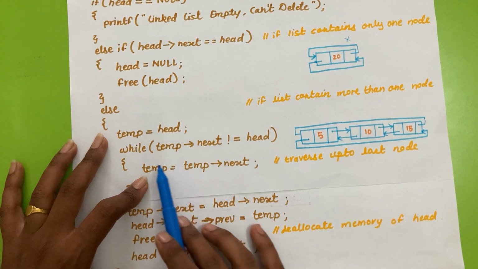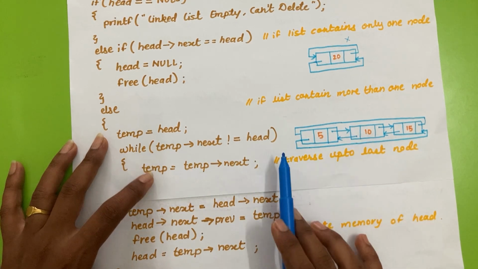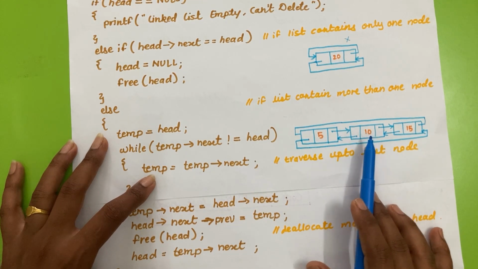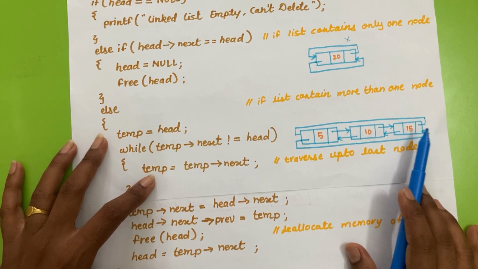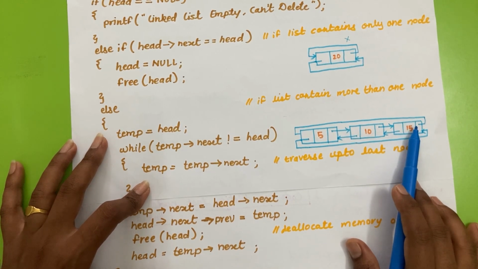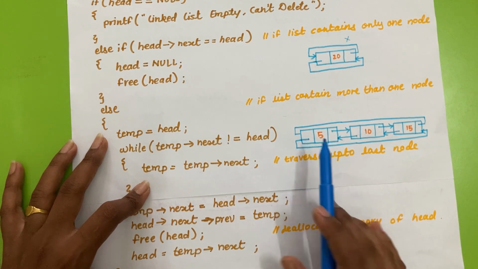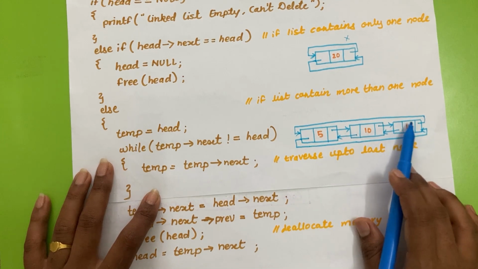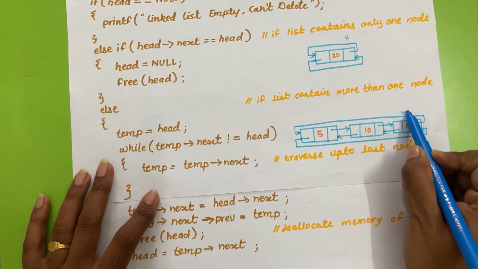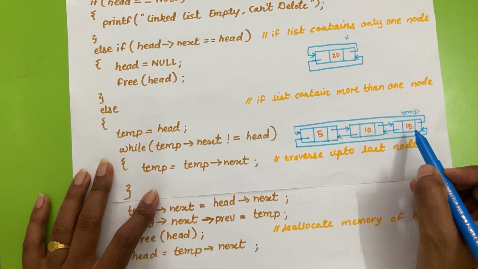So in every iteration of the while loop, the node temp will get updated till the last node. Here the last node's next will point to the head node. So we are now at this last node, and this will be my temporary node.